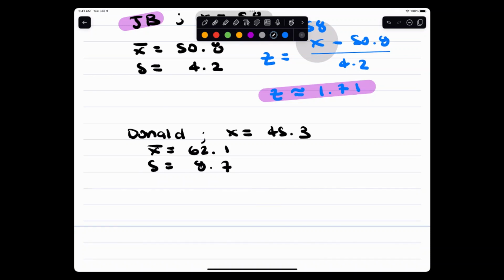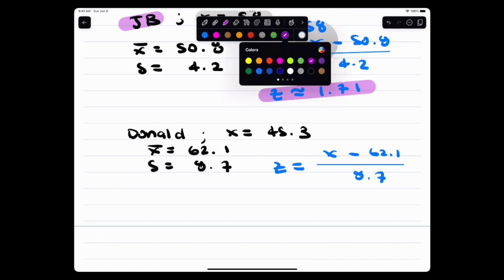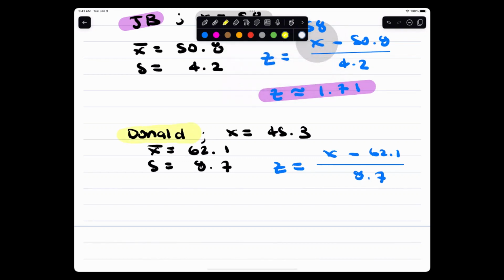Relatively speaking, X minus 62.1 over 8.7. What color should we use for Donald Duck? Yellow. You can see the yellow. So let's plug in that X value for Donald, 45.3.